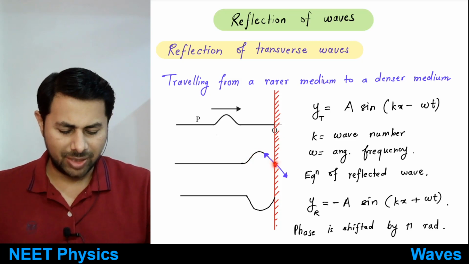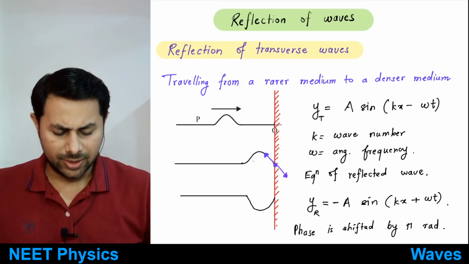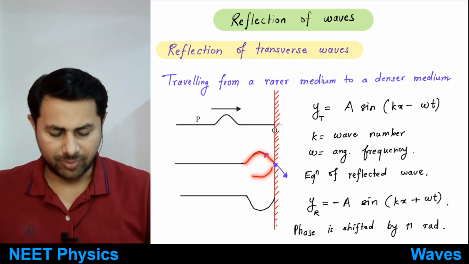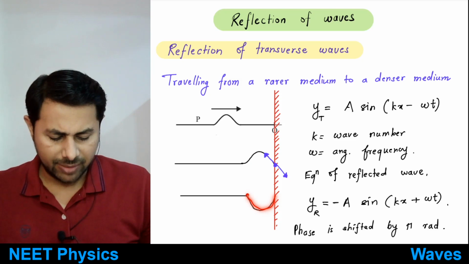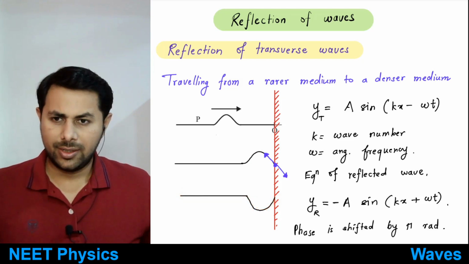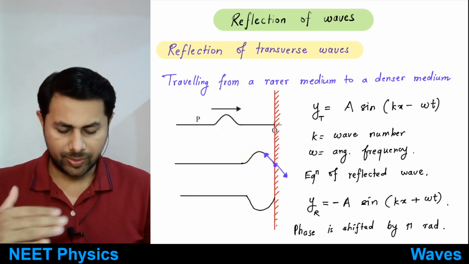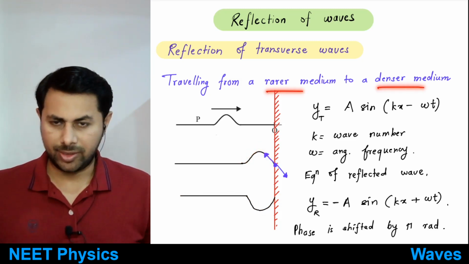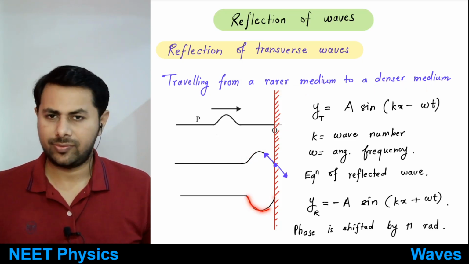Because it is being pulled by the wall in the downwards direction, this crest becomes a trough because it is pulled down. And it gets reflected back as a trough. So a crest moving from a rarer medium to a denser medium gets reflected back as a trough.